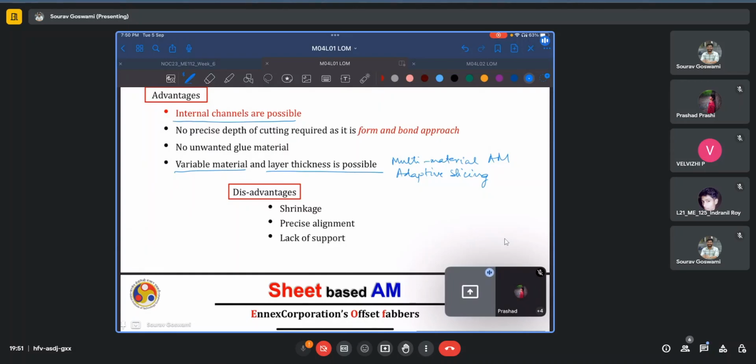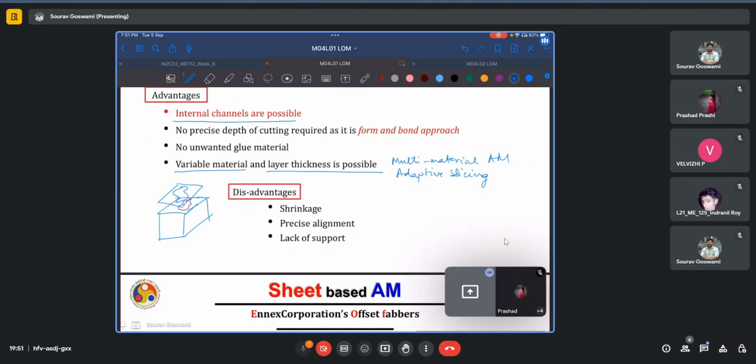So in the previous cases where I already had a stack of pre-deposited material and I was adding another layer to it on top of which I was scanning my contour, I had to make sure that in the case of laser, the depth of penetration was short, as well as in the case of knife, I'm only cutting to a very shallow depth or the necessary depth. Else, I might end up harming or cutting on top of the pre-deposited layer also.